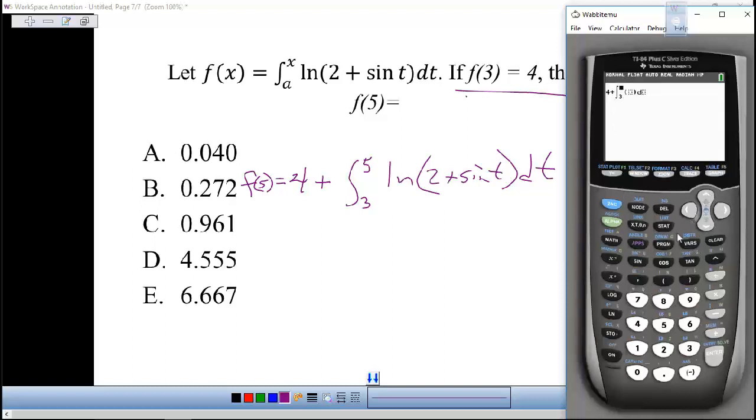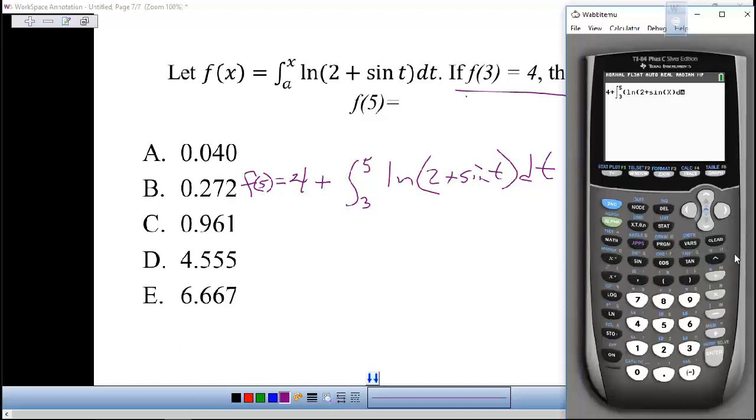3 to 5 of the natural log of 2 plus sine x. And then close the parentheses.